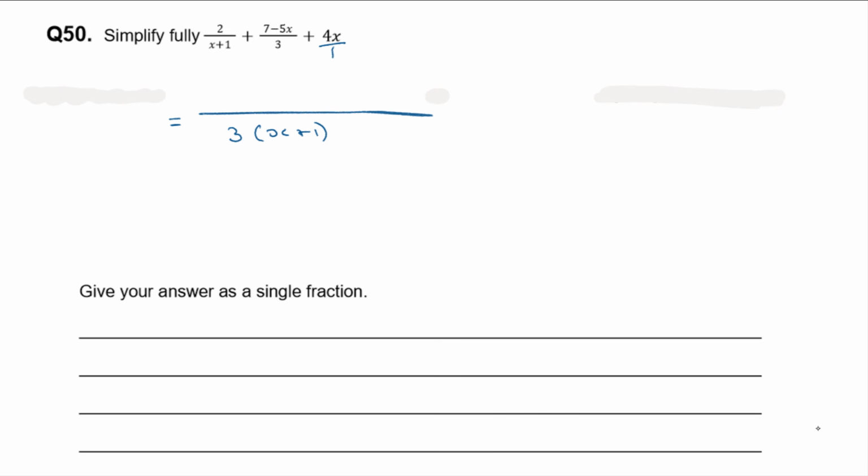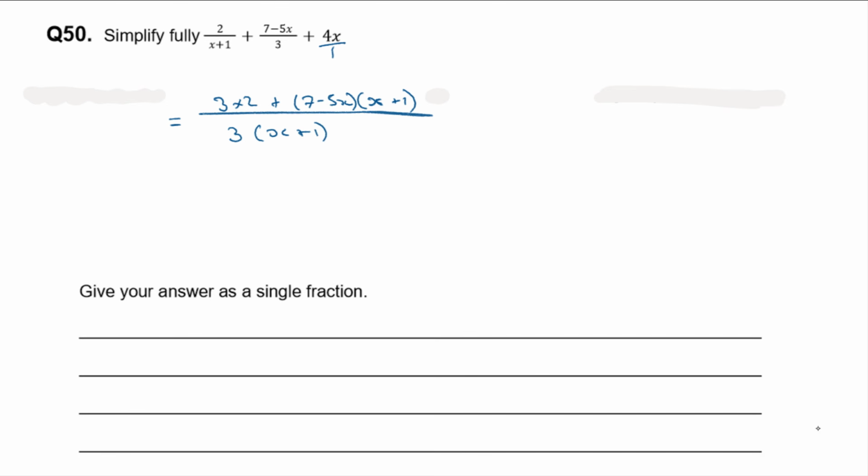Okay, so how many times does x plus 1 go into 3 lots of x plus 1? It goes in 3 times. So I'm going to have to multiply the 2 by 3. So 3 lots of 2. Then 3 goes into 3 lots of x plus 1 times, so I'm going to do 7 minus 5x times x plus 1. Let's just write that again.